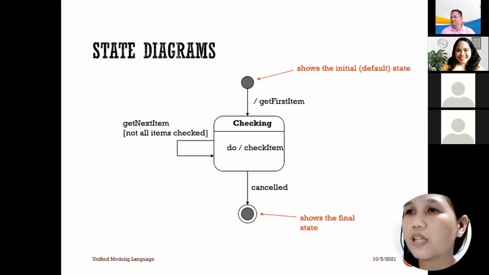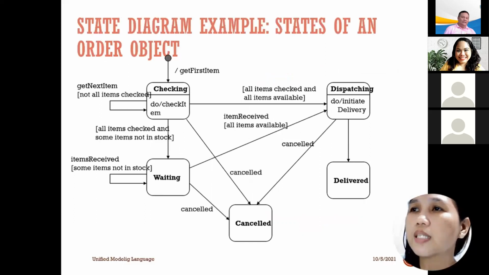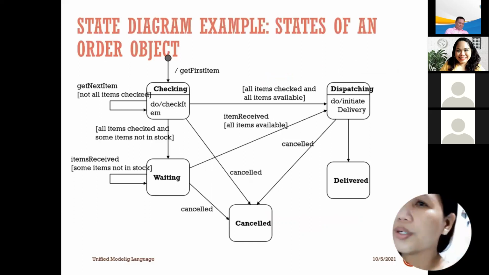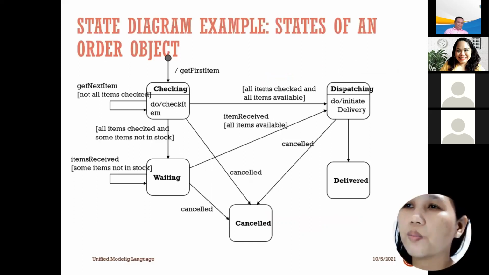Here is an example of a state diagram. On the top it shows the initial or the default state. It will enter into checking to check the item, and if it's cancelled, definitely it shows the final state. State diagram example on a state order object. We first get the item, we check the item, and then wait for the item.